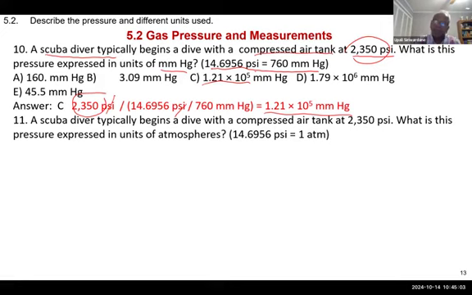Another calculation. The tank is at the same PSI. What is the unit in atmospheric unit? There are two units here, PSI and ATM. 760 millimeter mercury is the same as 1 atmosphere. So the conversion factor is given here.